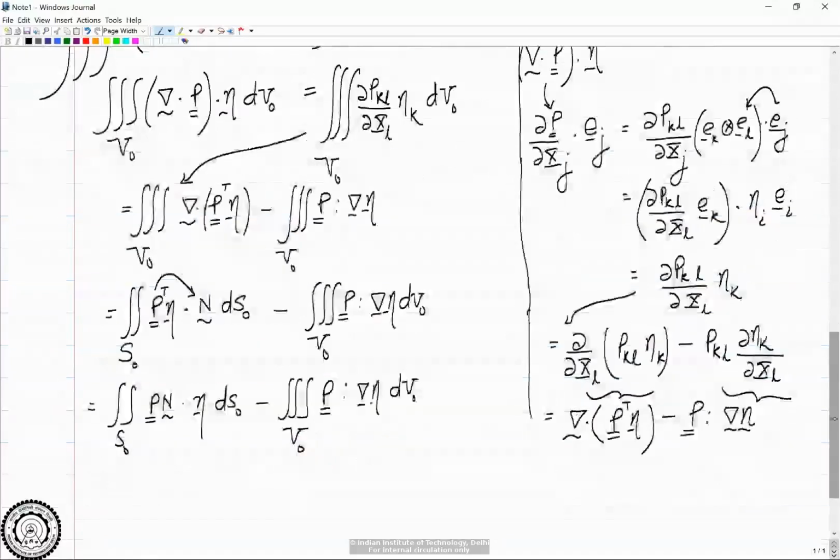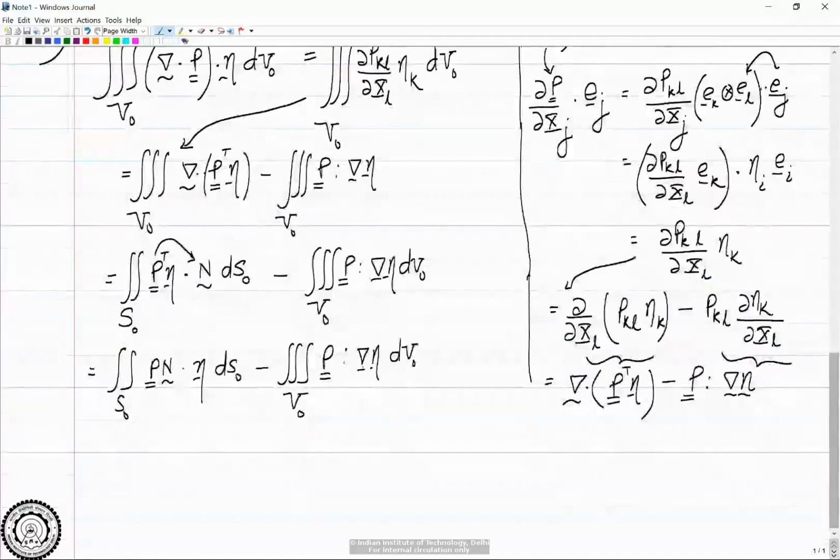All right. So now you see the first term is the integration over the surface. What is P big N? P big N, if on the surface you are prescribing traction, then it is that traction, no? P big N is referential traction, force per unit undeformed area, which we denoted by big T naught.